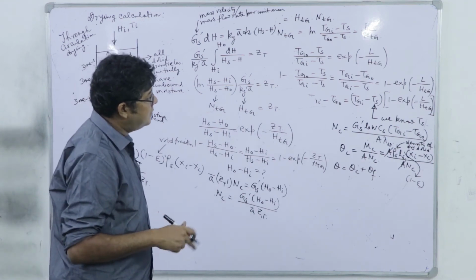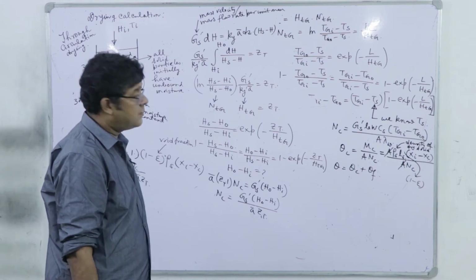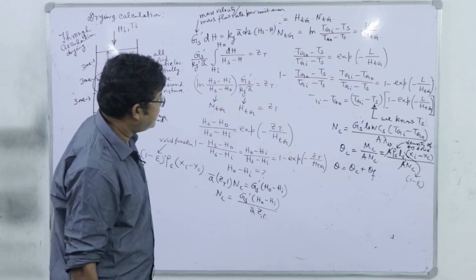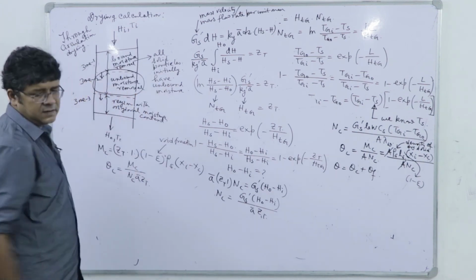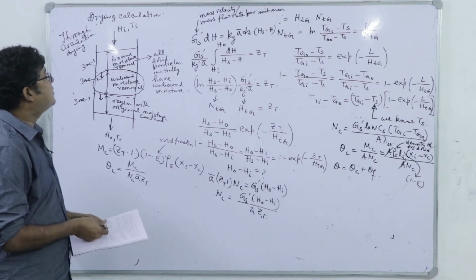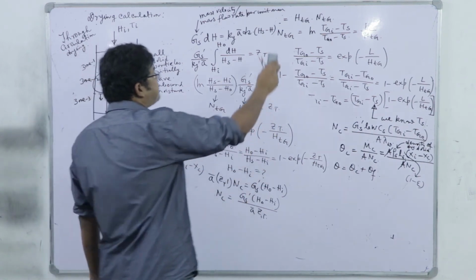Dry solid volume means it must be multiplied by 1 minus epsilon, multiplied by rho S, the dry density of the solid, multiplied by Xi minus Xc. So this is the very basic idea regarding the design of the industrial dryers, right.